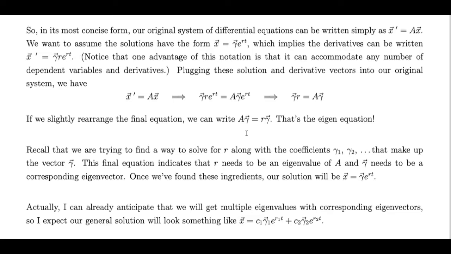That's a really, really important idea, so it's worth restating. The central idea here is that to solve a system of first-order linear homogeneous differential equations, which we've represented very concisely here, we find the eigenvalues and eigenvectors of the coefficient matrix, then use those ingredients to build our solution in an appropriate way.